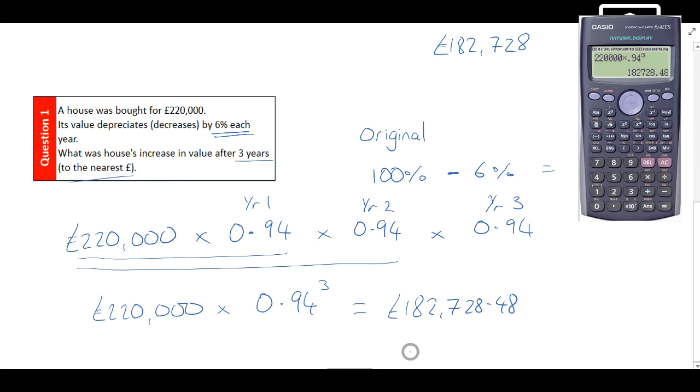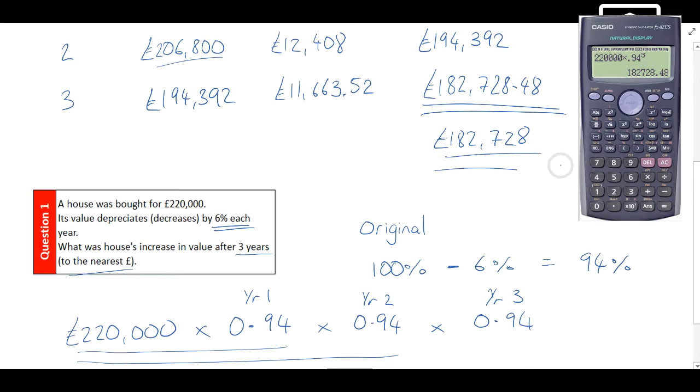So to the nearest pound, that's £182,728, which is what I got up here as well.